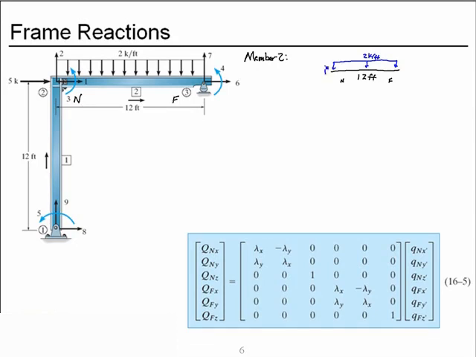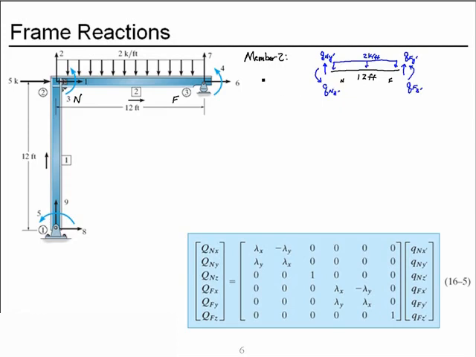We'll generate a QNY prime, a QFY prime from this distributed load, a QFZ prime, and a QNZ prime. In the X prime directions, nothing will be generated from this distributed load.